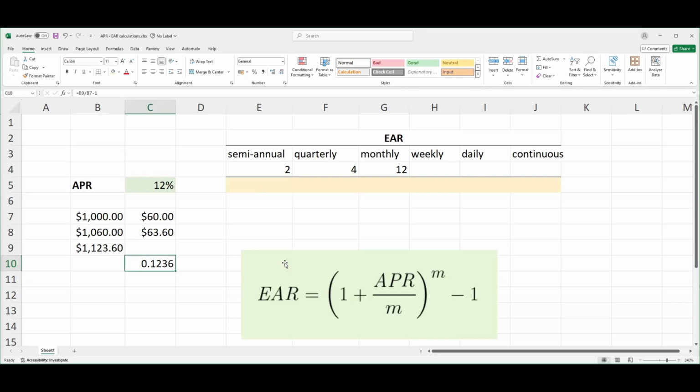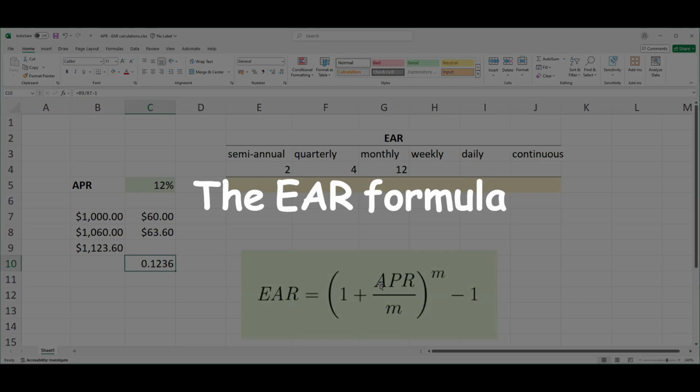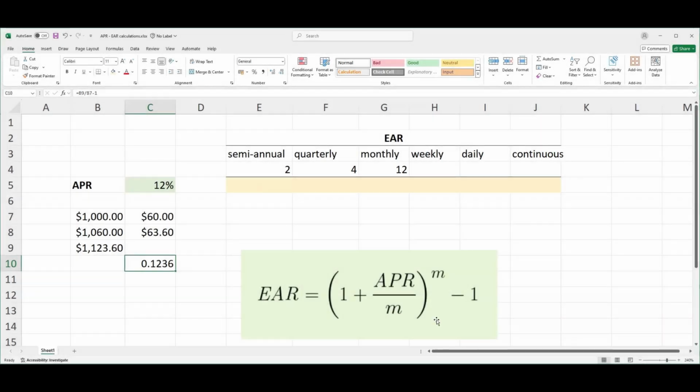In general, the formula of the effective annual rate looks like this. It is, of course, related to the APR. And here, M is the number of compounding periods within the year. In this case, it was 2.